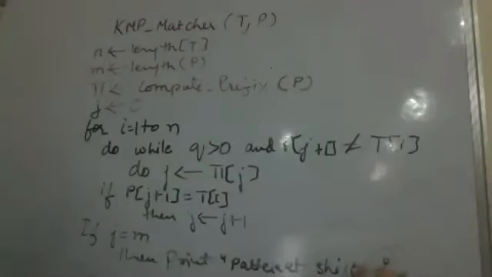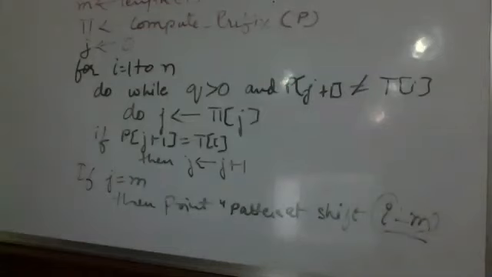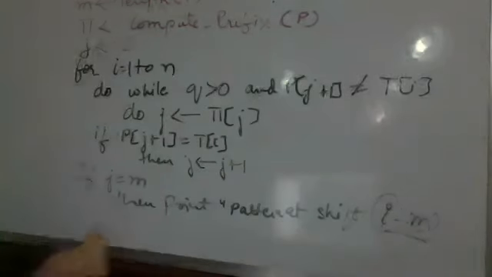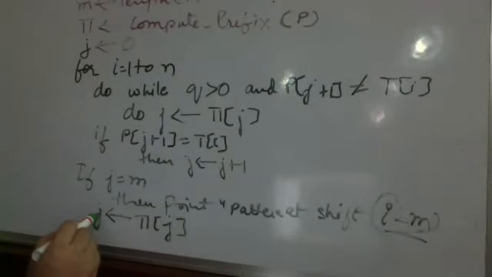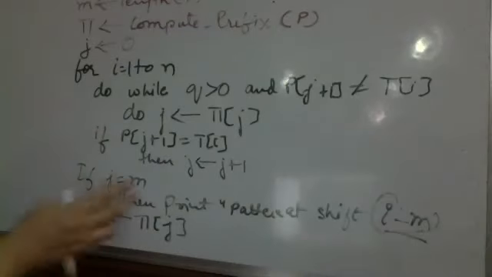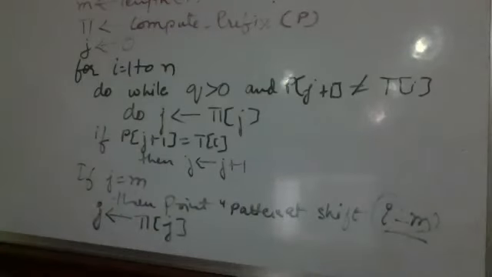Whatever is the value of I minus M. So pattern is occurring at shift I minus M, and again J is changed back to the value stored in the table for J. Reduce the value of J. If I have found the pattern, I need to reduce the value of J again, because multiple patterns might be possible. So again reduce the value of J. After reducing the value of J, I will continue with the similar process and my algorithm ends.